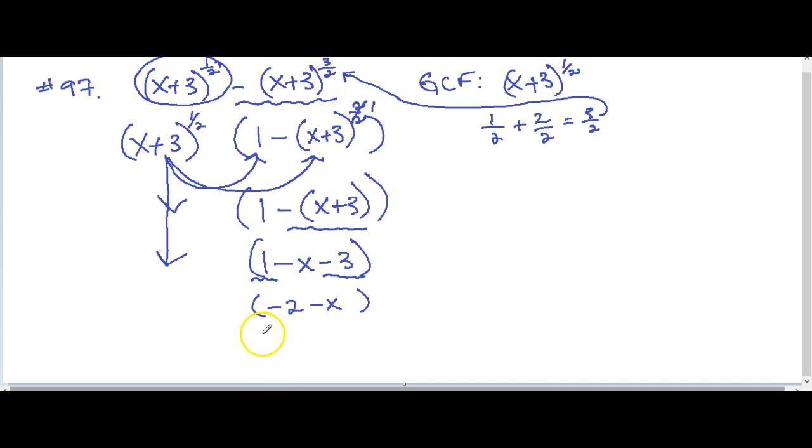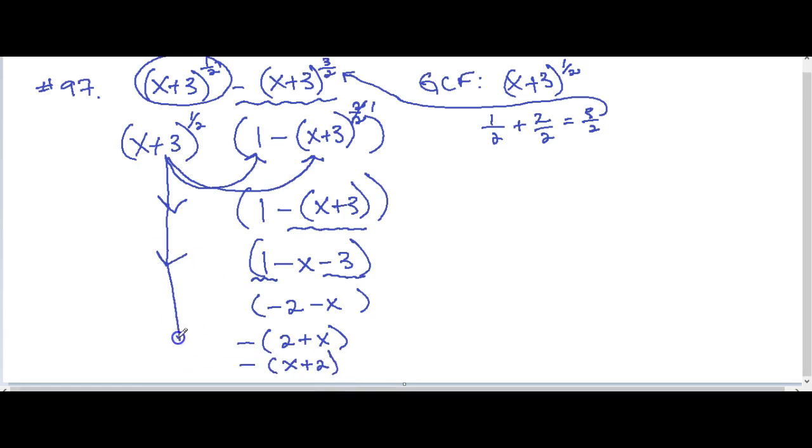I'm going to do one more simplification. I'm going to take the negative out, and I'll get 2 plus x, and then I like to rearrange these to be x plus 2.